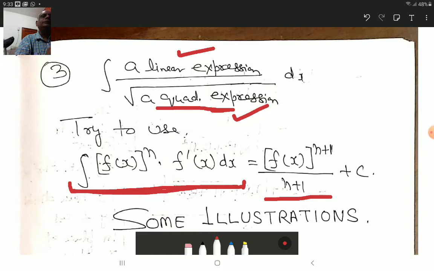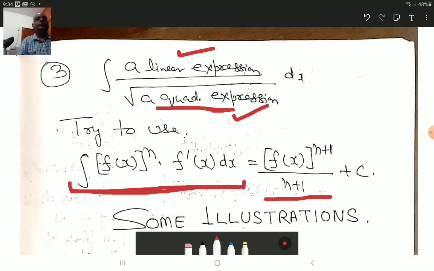Integration of fx whole power n into f dash x dx is equal to fx whole power n plus 1 upon n plus 1. So we have done 7 formulae and some important situations.